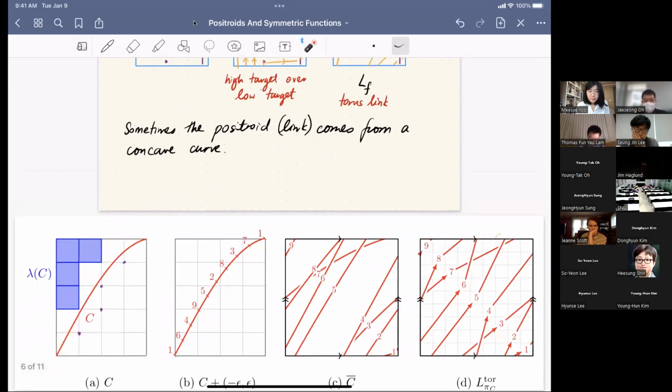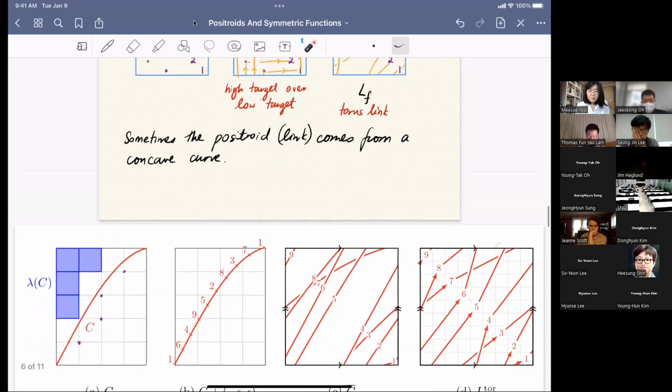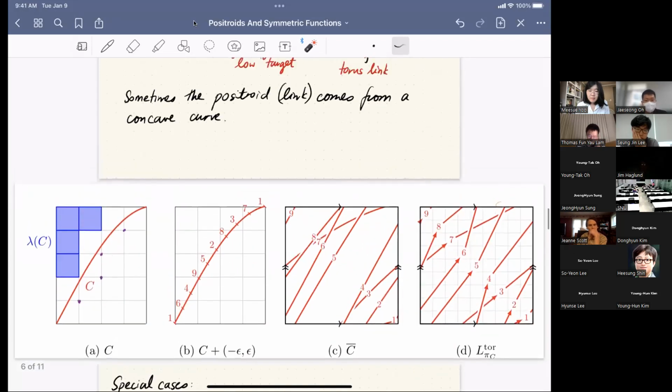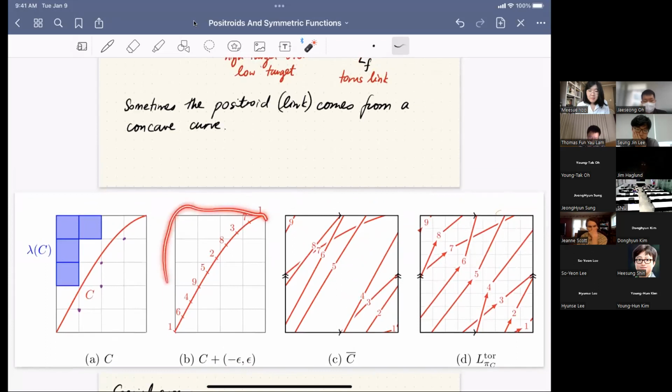What I've done here is intersect the curve with the diagonal in every unit square and mark the positions. The positions are marked so that the number is high if you're close to this side, and low if you're on this side. Then I take this whole thing and project it to one of these squares, and it looks like this.